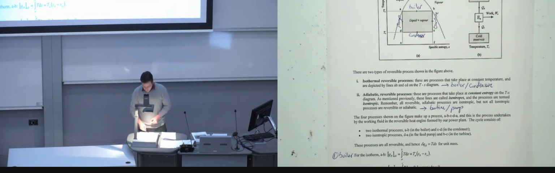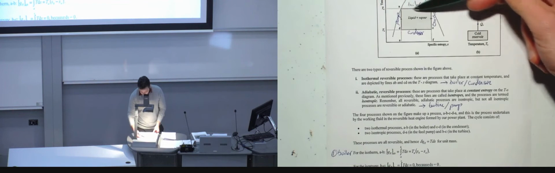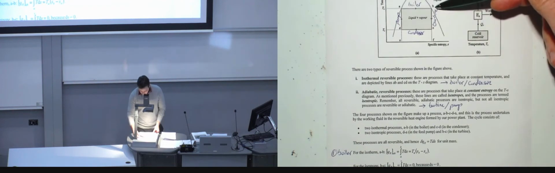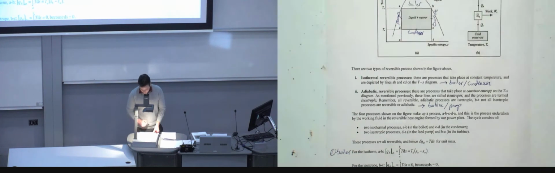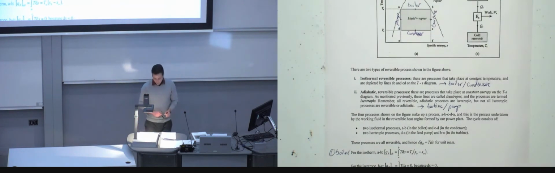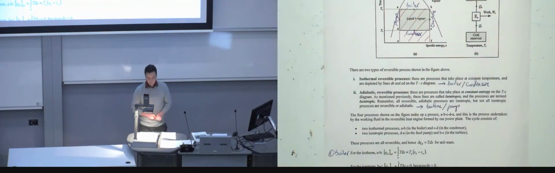Now, as far as the Q for the boiler is concerned, it is actually TA, which is this point or this line, times SB minus SA. So effectively that would give you this area here, all this area under the curve. Okay?